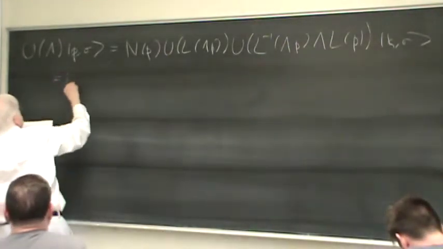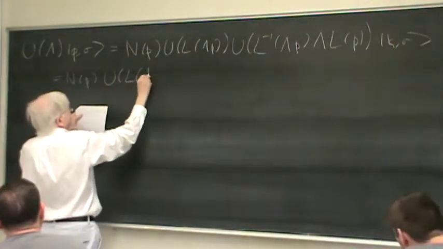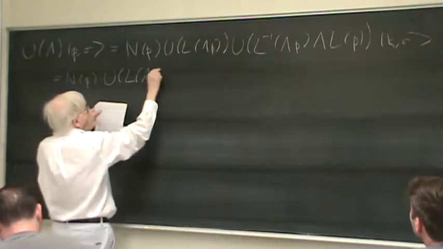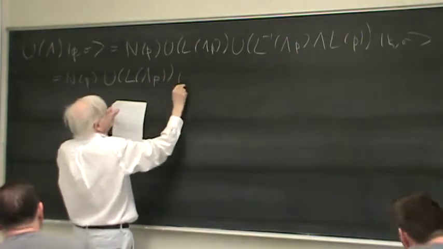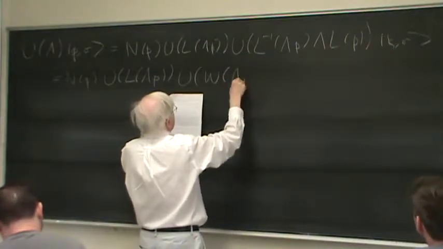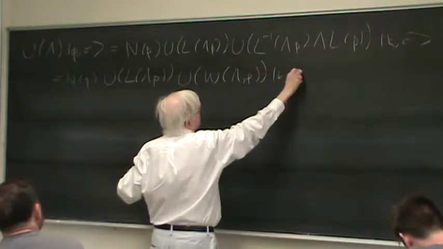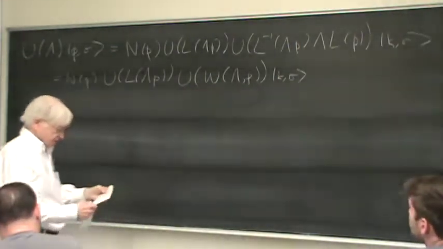And so this is N of P, U of L of lambda P, U of the Wigner rotation. I'm calling it Wigner rotation, but the massless case, it's not really a rotation.